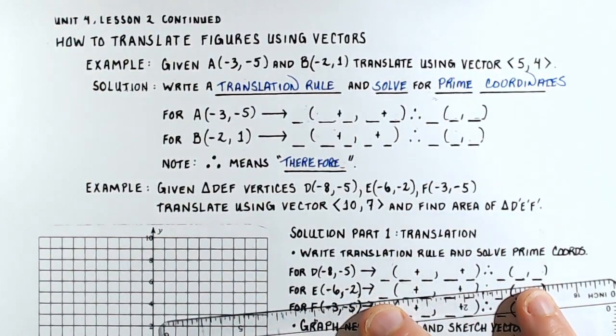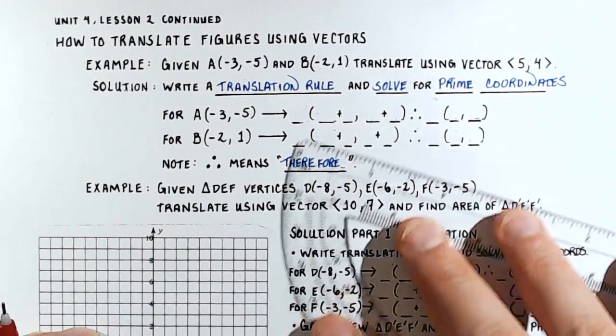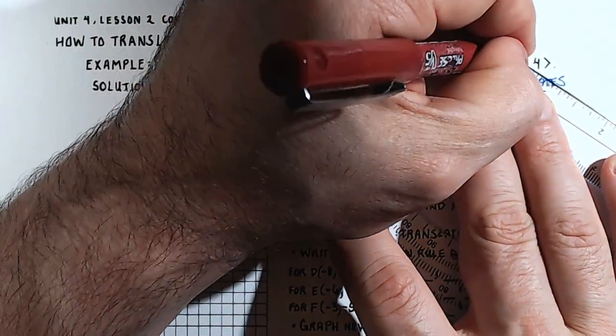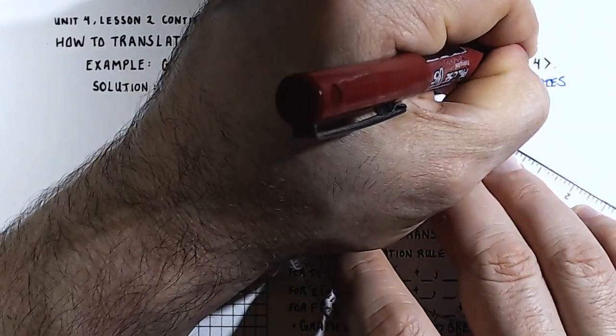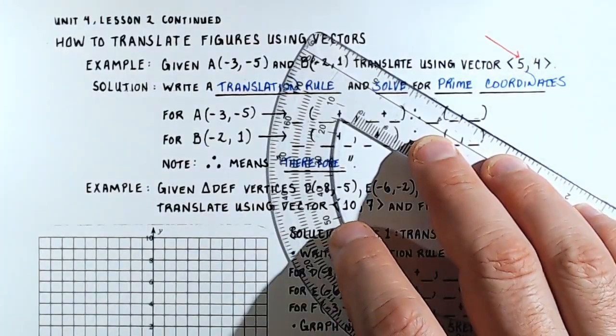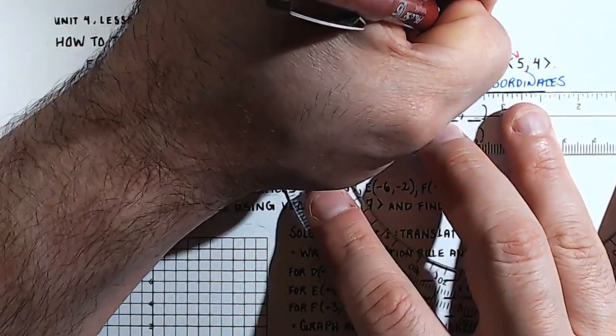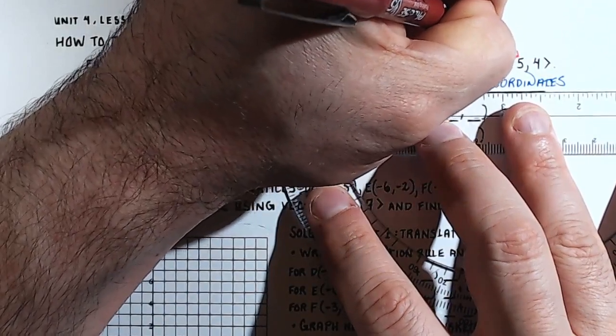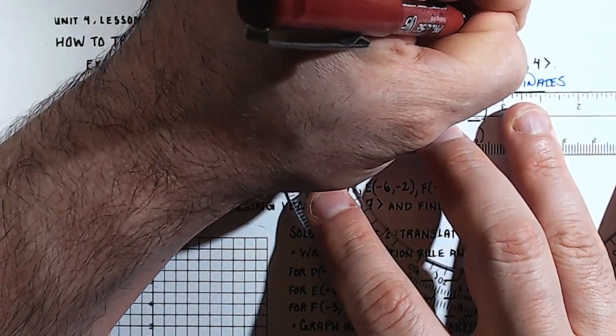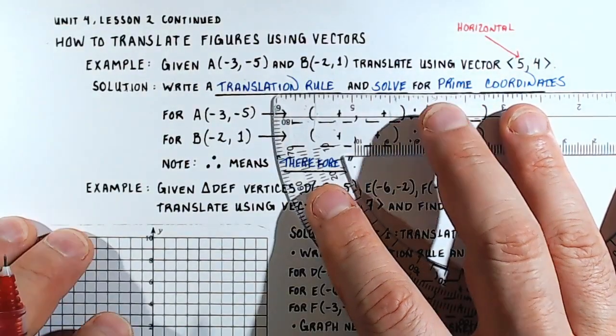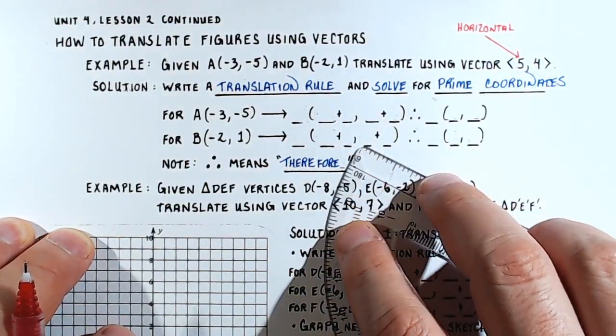From our last note set, we learned that the first position in the vector coordinate is the horizontal motion, the motion along the x-axis. That makes sense, it's in the x position.